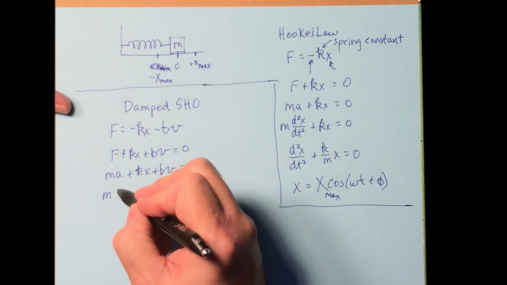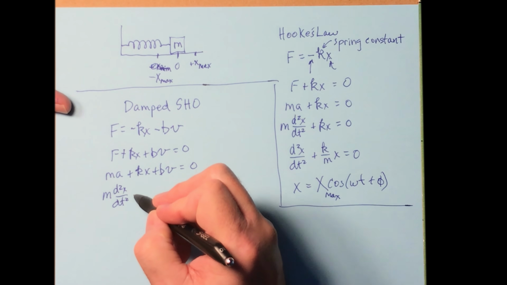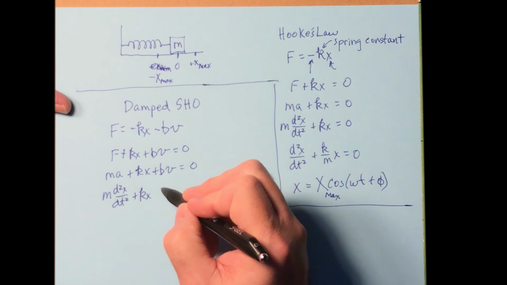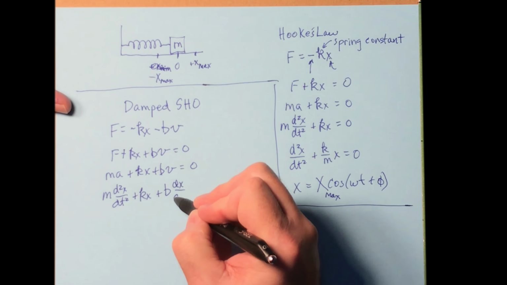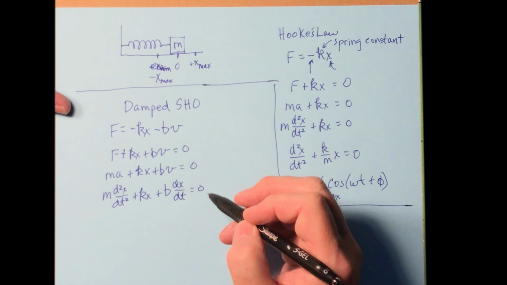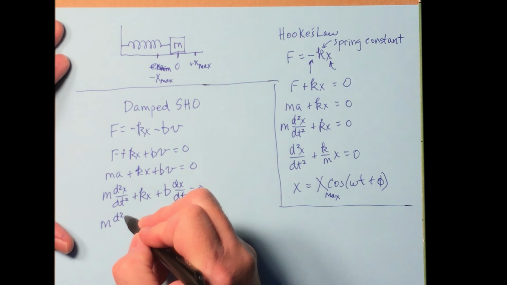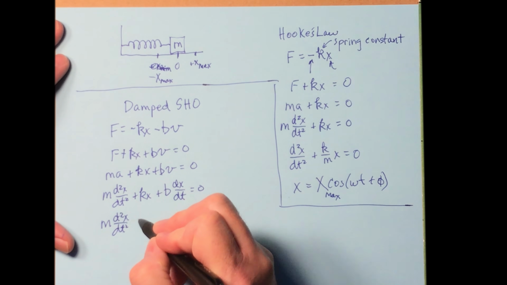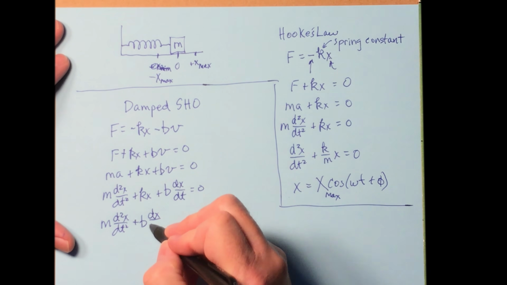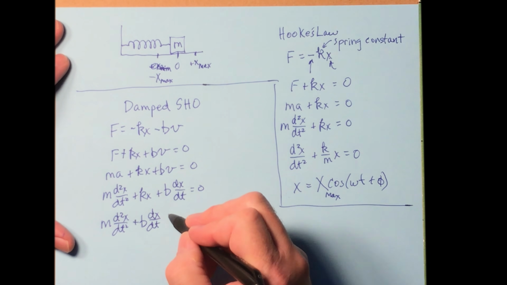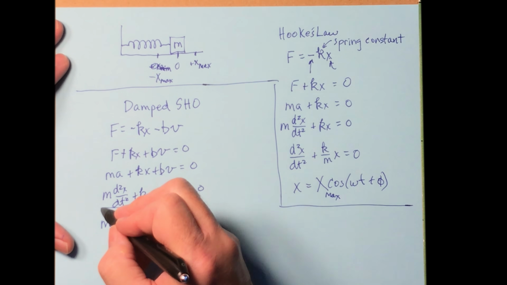That means this is mass times the second derivative d squared x dt squared plus kx plus b times dx dt equals 0. Let me rearrange the terms here. m d squared x dt squared plus b dx dt plus kx equals 0.